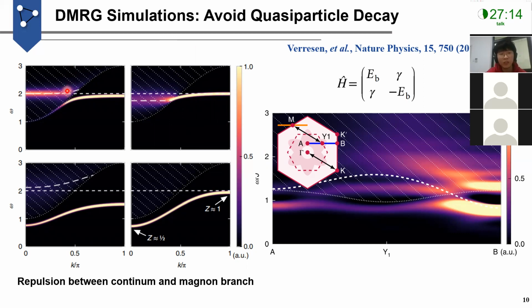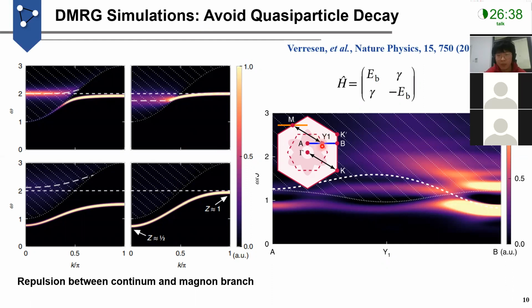If the interaction is very weak, it will decay as indicated by the 1/S corrections. But if the interaction is very large, such as in the small spin limit, spin one-half, the large repulsion will push the energy level out of the continuum and avoid the quasiparticle decay. They use this picture to explain the second roton minimum observed in the experiment.